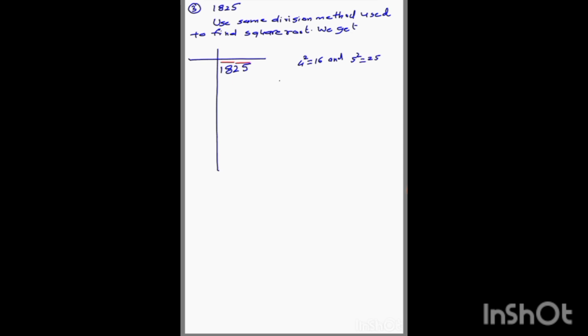So 4 square is less than 18, and select the lower one always. So you take 4 here. 4 into 4 is 16. Subtract this, you get 2. And bring the whole bar digit down, whole block, and you get 225.